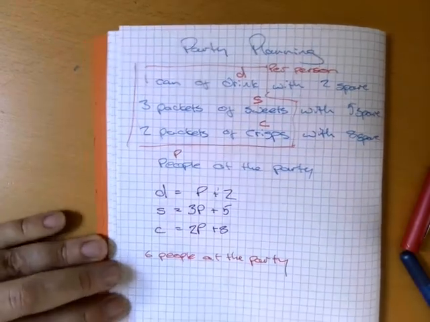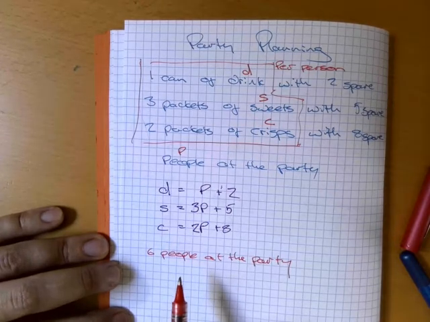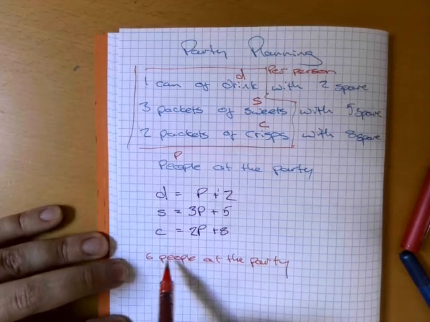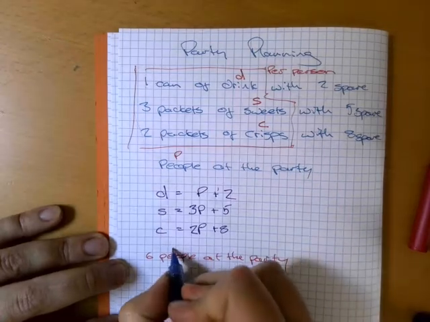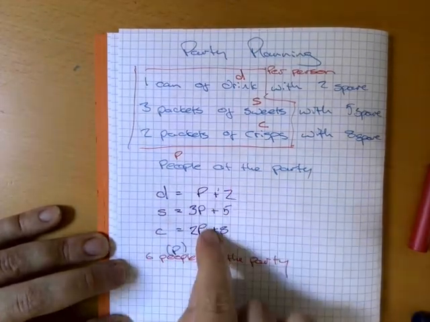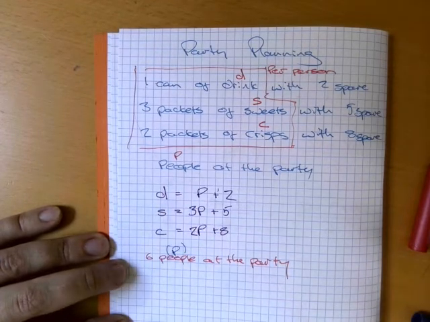I can now work out, using my formulas, how many cans of drink I'll need, how many packets of sweets I need, and how many packets of crisps I'll need by doing substitution like we were doing last lesson. I now know that the number of people, which was P, remember? People is P. I can replace P in each of these and work out the D, the S and the C, depending on which of the formulas I'm using.